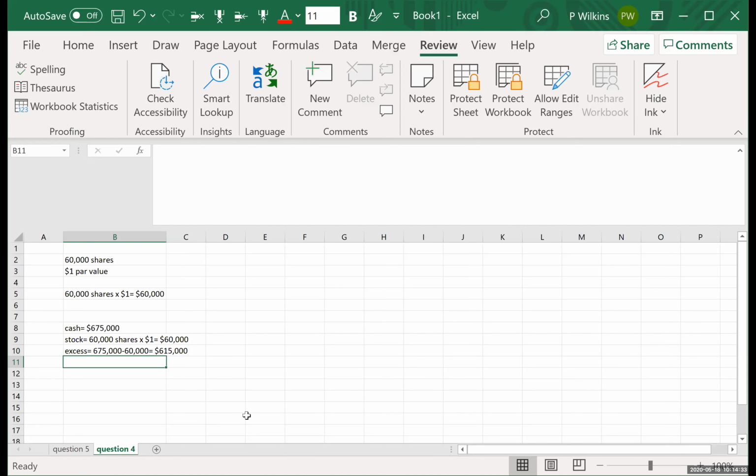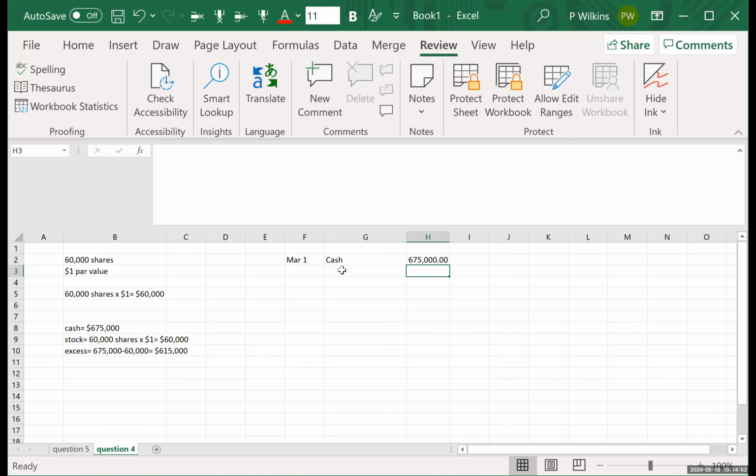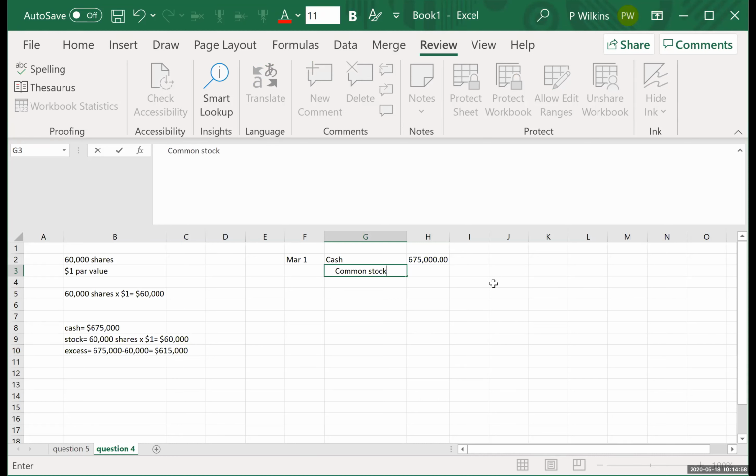All right. So on March 1, we are going to debit cash for $675,000 because that's the amount that the cash was. We are going to credit common stock. This is a common stock problem. Could be preferred, but it's common. 60,000.